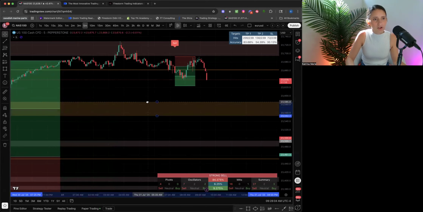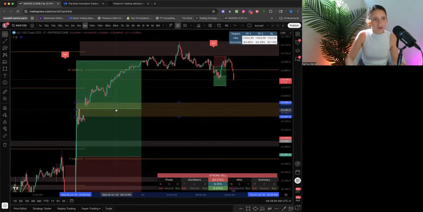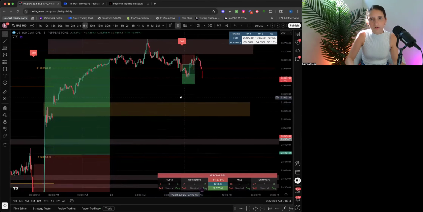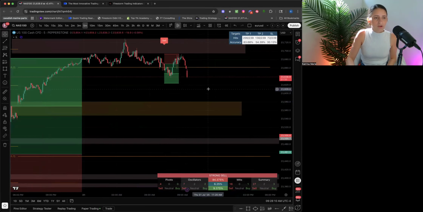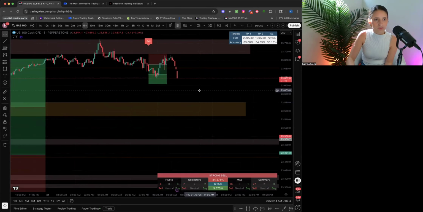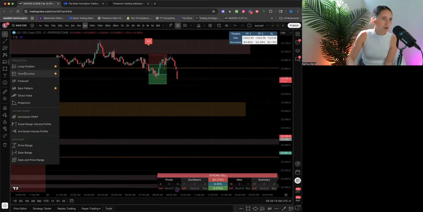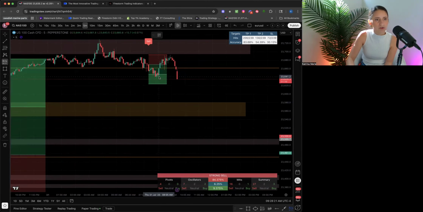Oh, we're just going to go down and fill that gap. Well then, this would be a clean break. I just don't like that it's happening before market open.